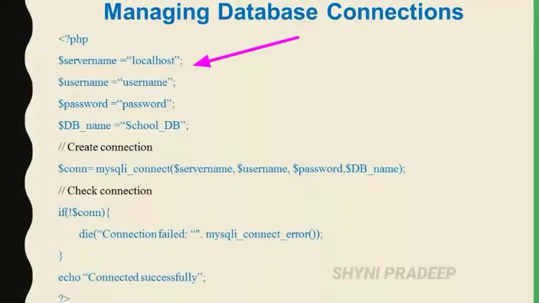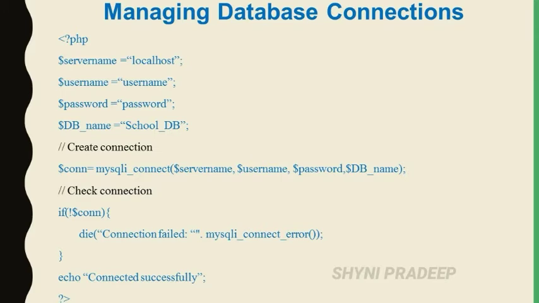Here localhost is the server name, username is the username, password is the password, and database name is the name of the database. If you want to create a connection, you have to write like this: connection is equal to MySQLi connect, server name, username, password, database name.